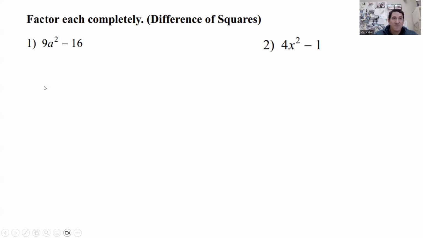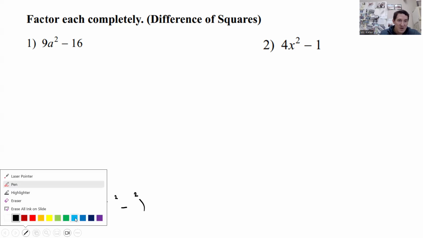So difference of two squares, we're going to factor this here. So first thing I'm going to do, I'm going to write that pattern that we have. Let me put in, I'm going to color code something.